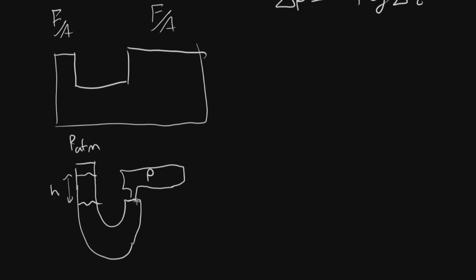Since I know the pressure here has to equal the pressure here, if I can find the pressure here, then I know what my pressure inside this tank is going to be. And so if I know P atm plus my height times the density times g, remember that this height is going down, it's negative, which is why we're adding the pressure, this is going to equal the pressure inside my tank.